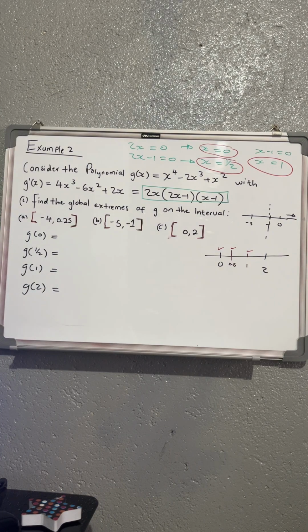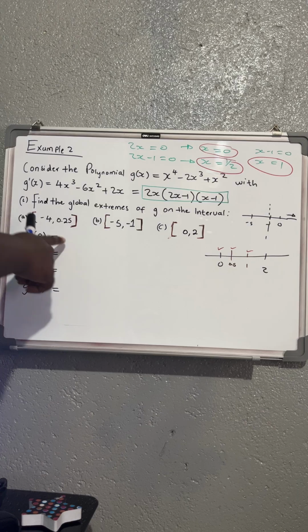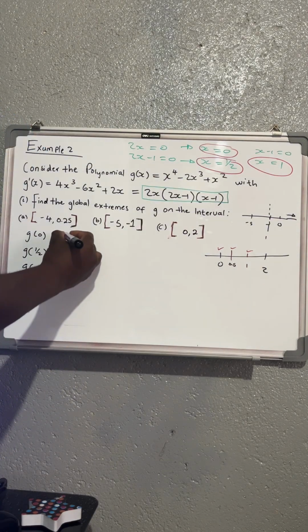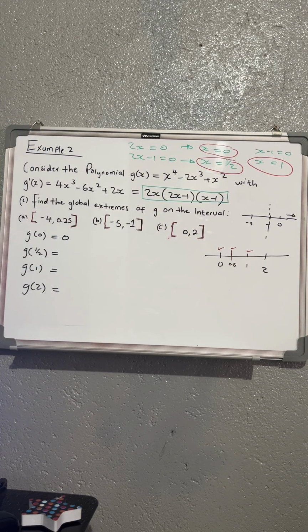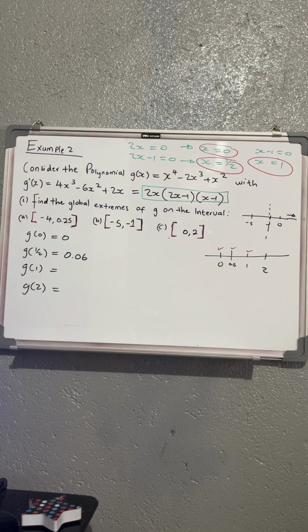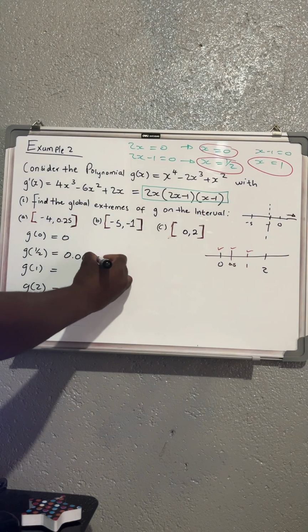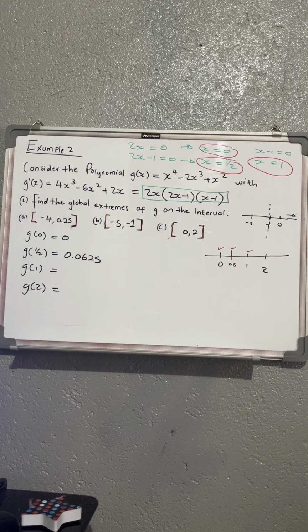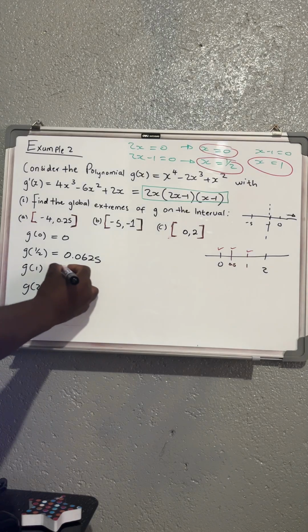As we said, g of 0, if we input it here, we're still going to get a 0. Then your half is going to give us 0.0625. Then for your g of 1, this gives us a 0.